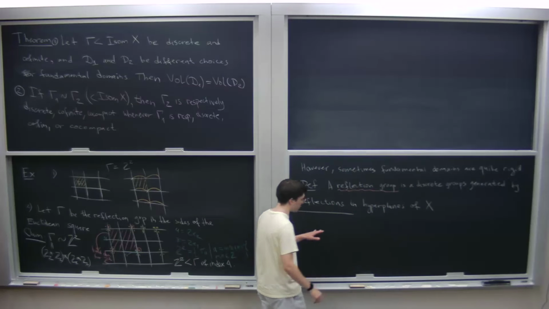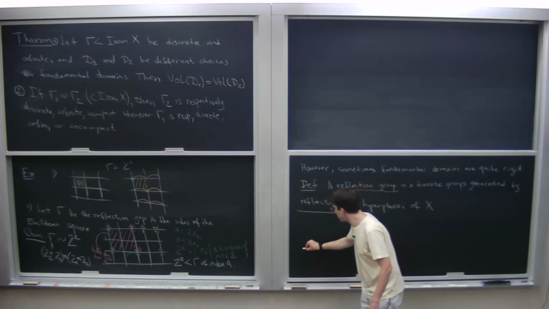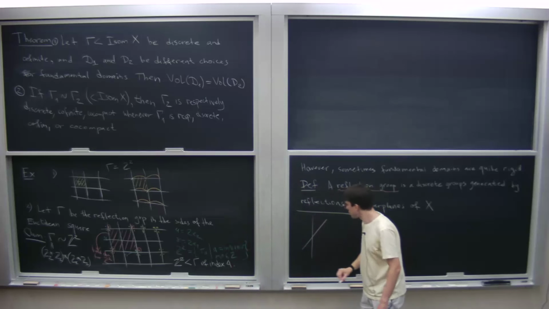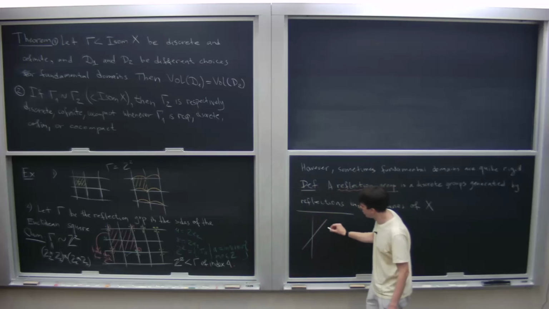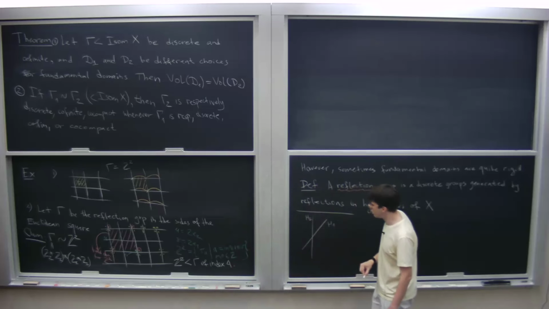So let me first consider the following picture. Assume that I have 2 reflections, H1 and H2.